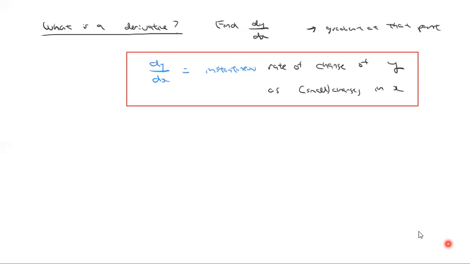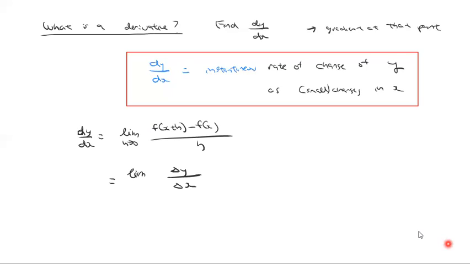So as long as you understand that, and just to be clear, the reason why that is true comes down from the definition by first principles. We said it's the limit as h approaches 0 of f of x plus h minus f of x over h, which can be thought of as the change in the y-coordinate divided by the change in the x-coordinate.